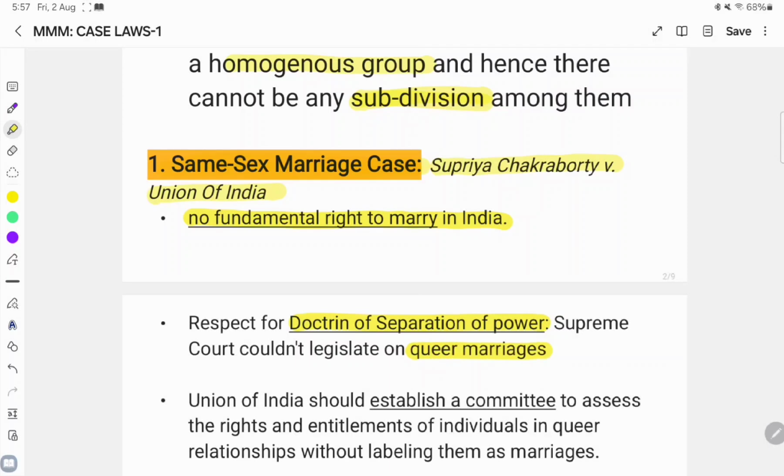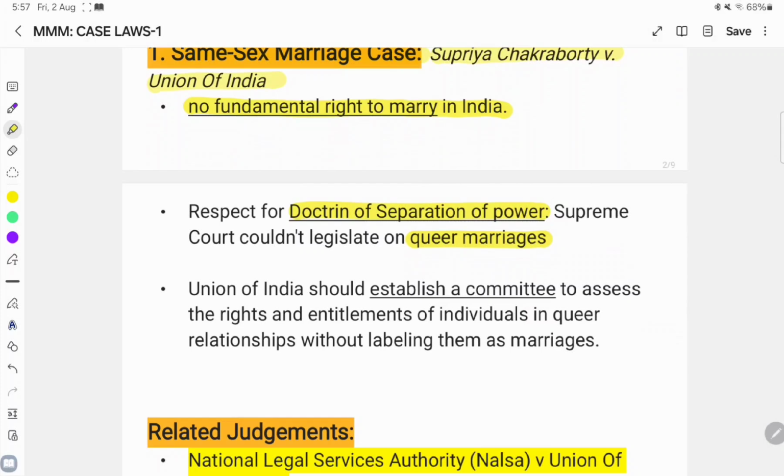They said that it is the domain of the legislature. The next point is that the Supreme Court recommended that the central government should establish a committee which will assess the rights and entitlements of individuals in queer relationships without labeling them as marriage, so basically protecting them. This point is very helpful and can be used in writing the conclusion or the way forward.